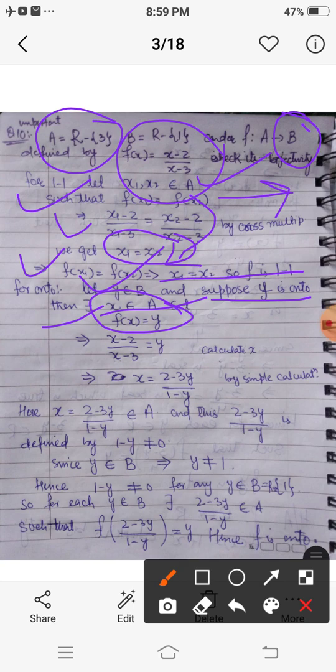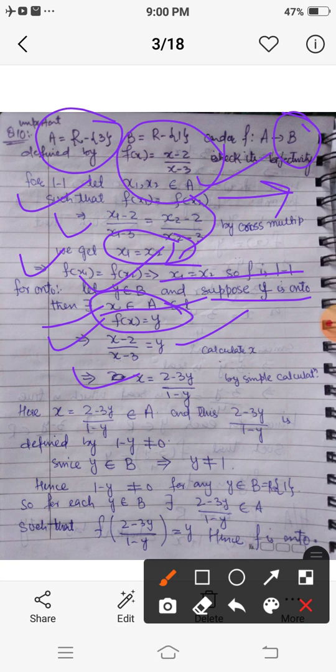Now f of x is x minus 2 upon x minus 3, that is y. Here y is simply a number except 1, because y belongs to B, and it is a fixed or known number. But we don't know whether this x exists in A or not. So we need to find x, that is, by cross multiplication, x is 2 minus 3y upon 1 minus y.